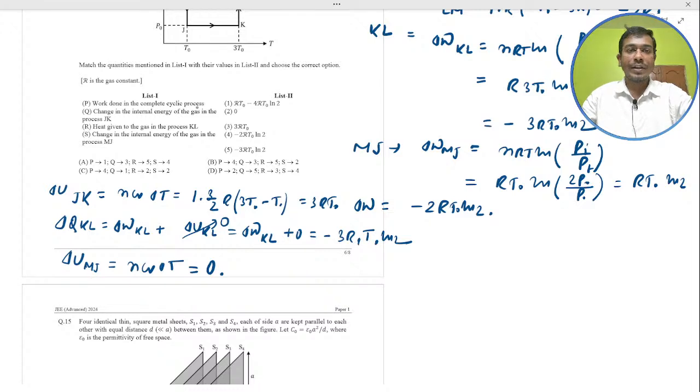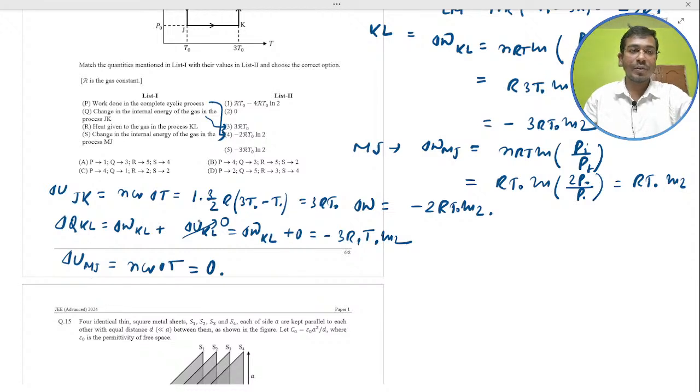Work done in the complete cyclic process is what? Minus 2 R T naught ln 2. Option 4. Change in the internal energy of the gas in the process JK: 3 R T naught.